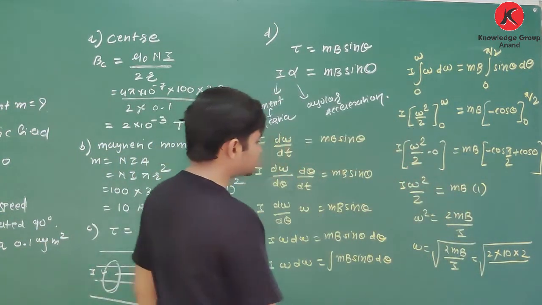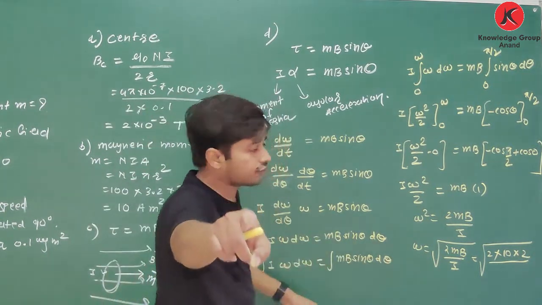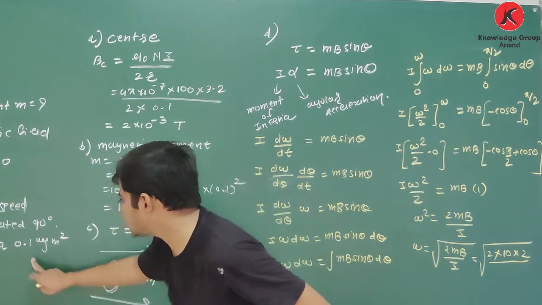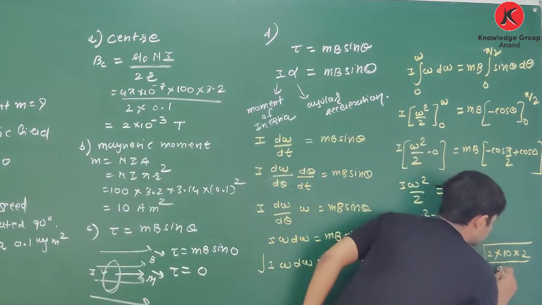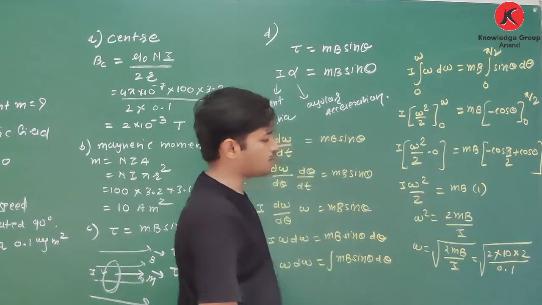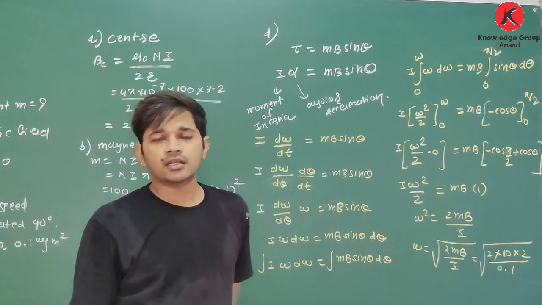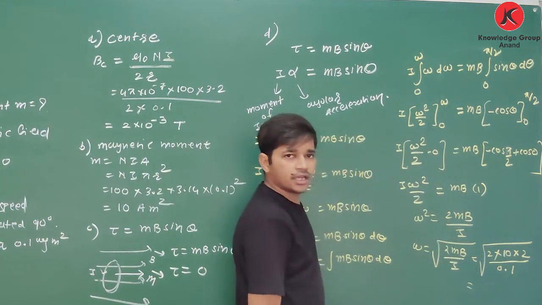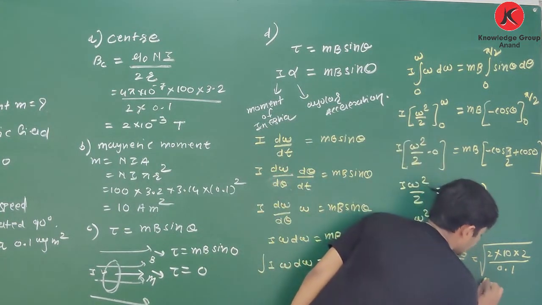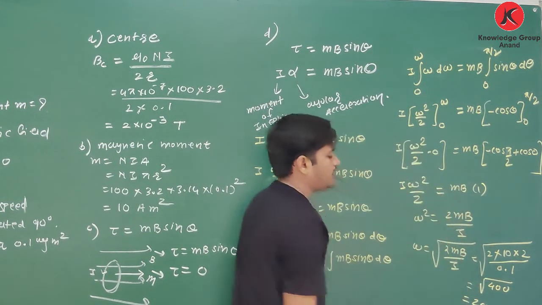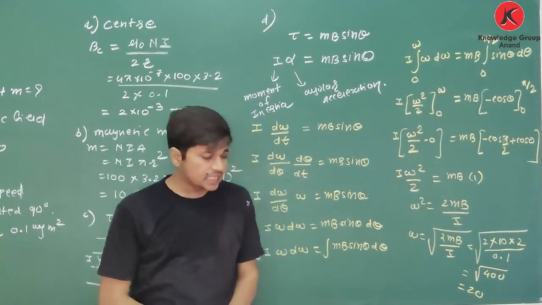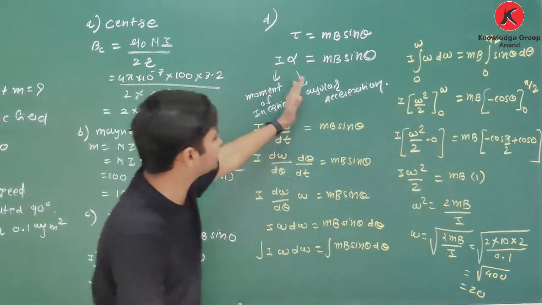Divided by I, and here I is not current, it is the moment of inertia, which is given as 0.1. How to simplify this? 0.1 means 1 upon 10, so it is under root 2 into 10 into 2 into 10, which is 400, and its square root is 20.